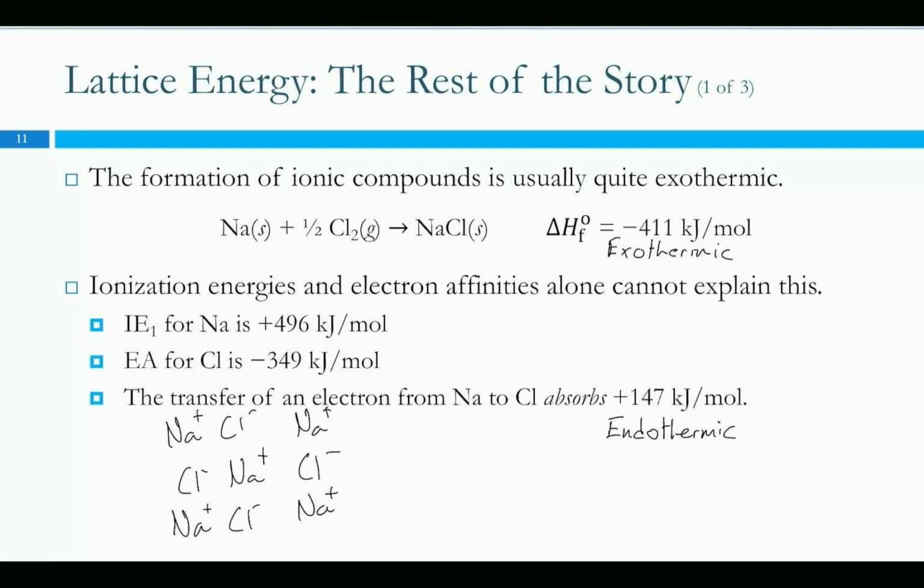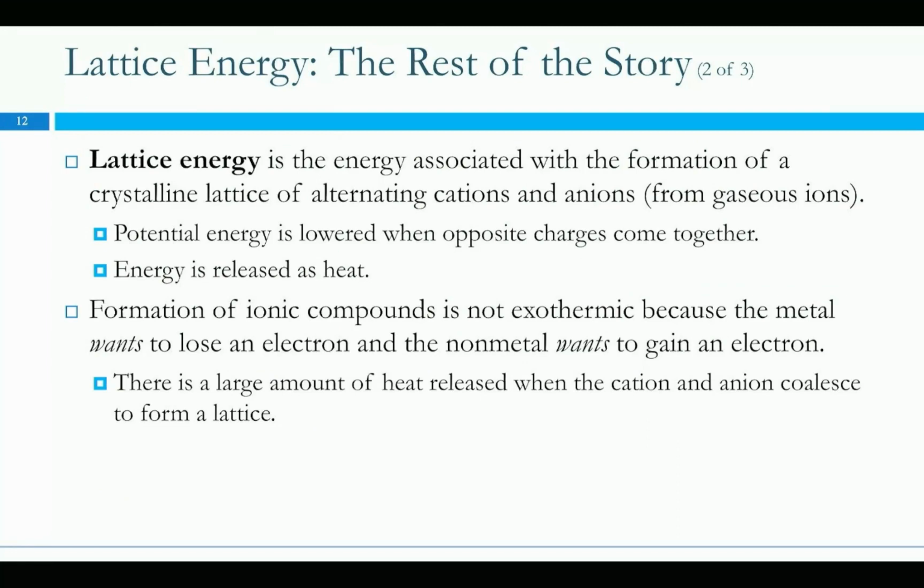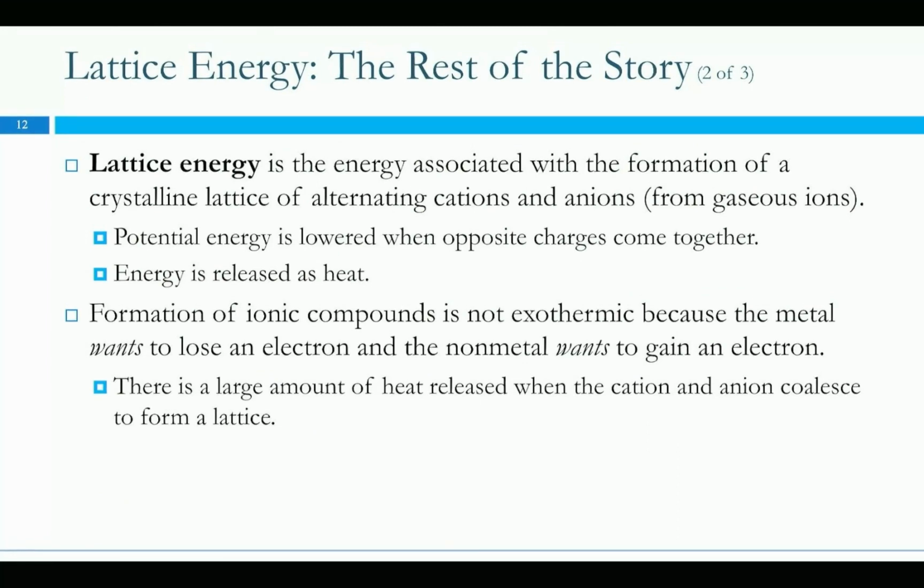So you've got all of these positive and negative charges that are able to get close to each other, and that's called lattice energy. So those alternating cations and anions getting close to each other releases energy as heat and makes it very exothermic. And it's all because of these potential energies being lowered when opposite charges come together.